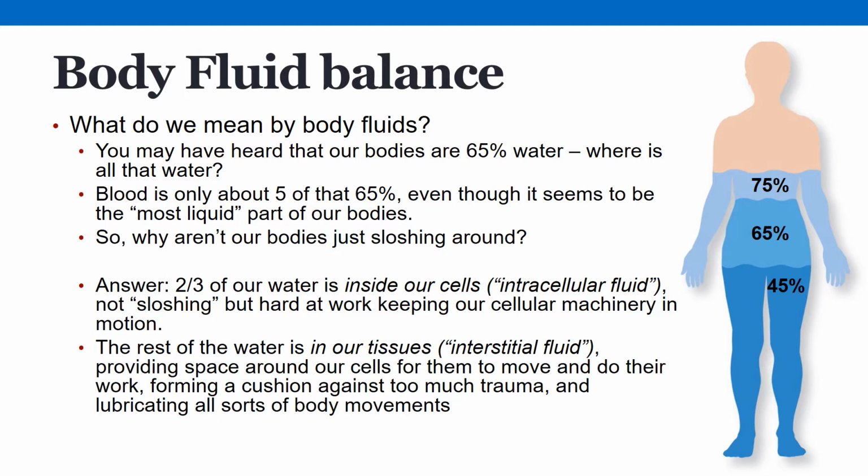Fluid between things is what that means. It provides a space around our cells for them to move and do their work. It provides a cushion against too much trauma. And of course, in certain very fluid compartments like your joint cavities or your serous membranes around the heart, for example, that fluid can work as a true liquid, can lubricate all sorts of body movements.